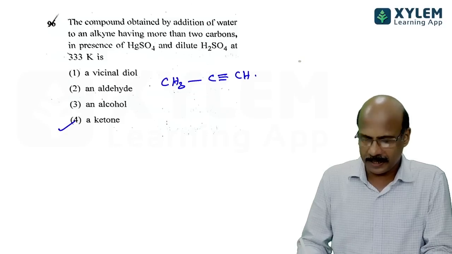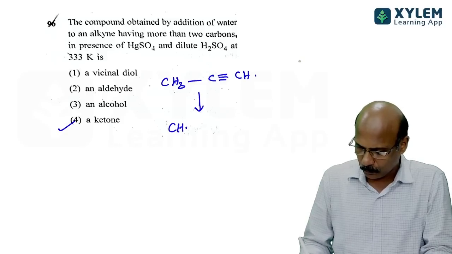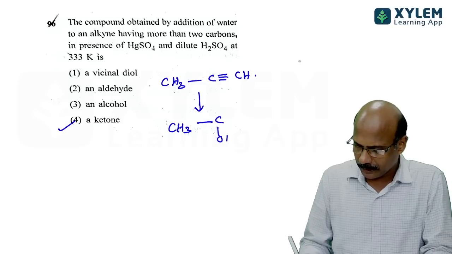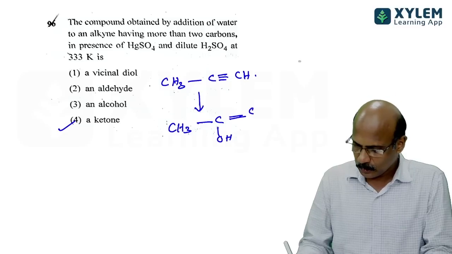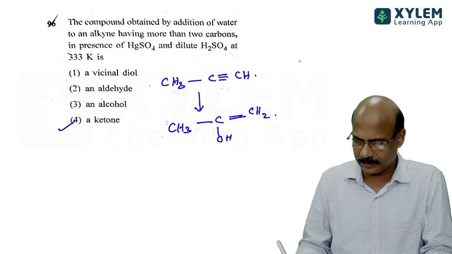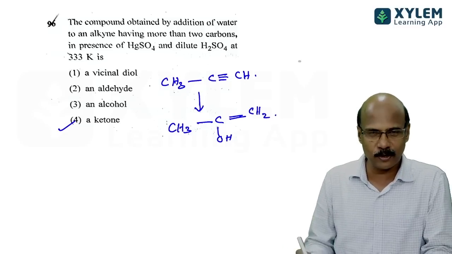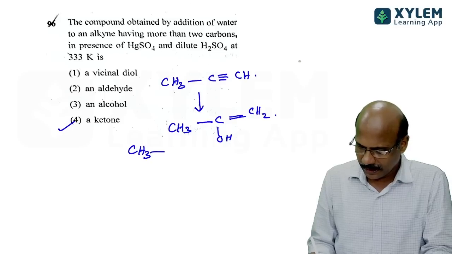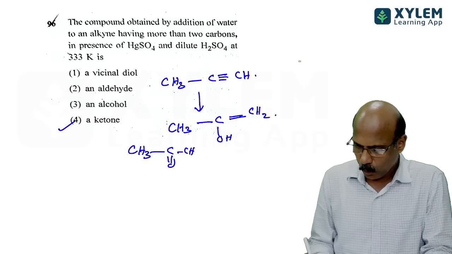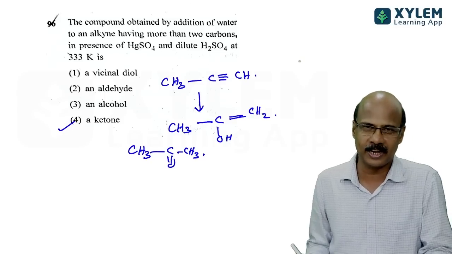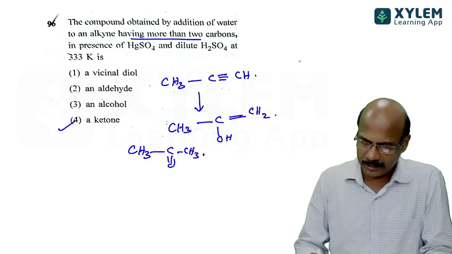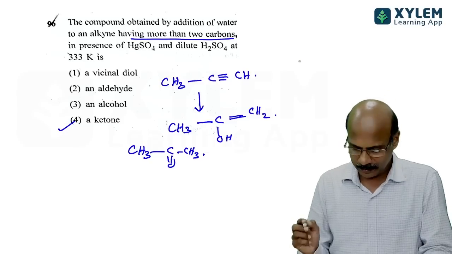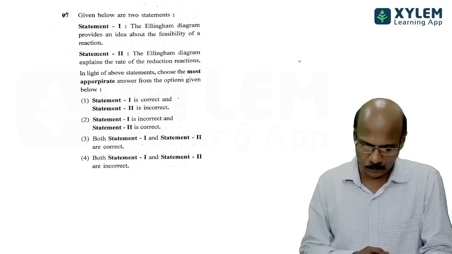When water is added, according to Markovnikov's rule, the negative part of the addendum, that is OH, will attach to the carbon having the lesser number of hydrogens. So the enol obtained is this one. When this enol is tautomerized, you will get a ketone. The only alkyne that results in an aldehyde is ethyne. But here the question says the alkyne contains more than 2 carbons. So naturally you will get a ketone.